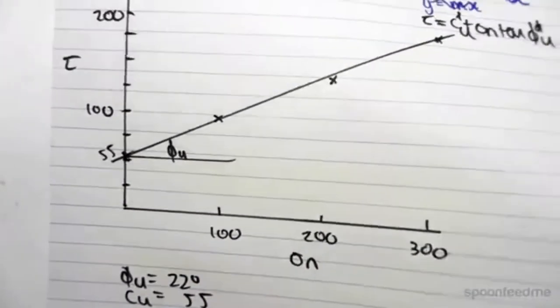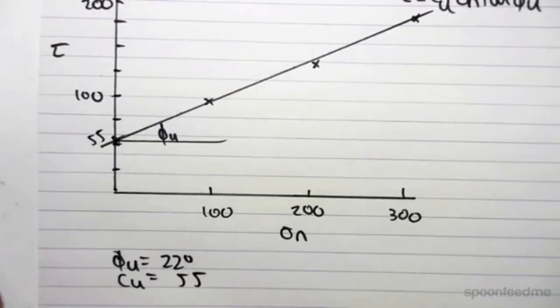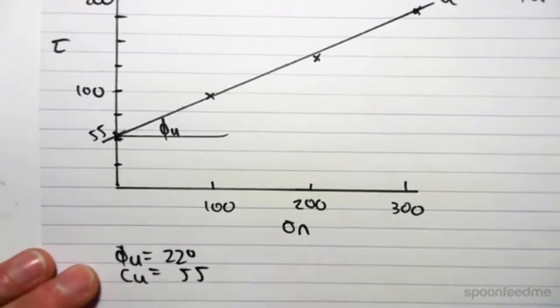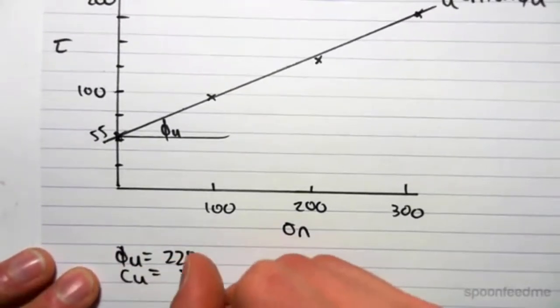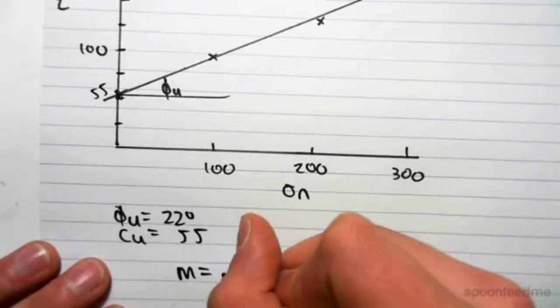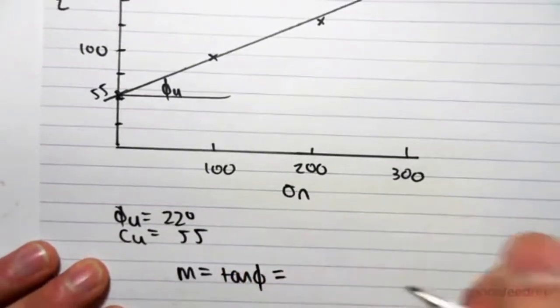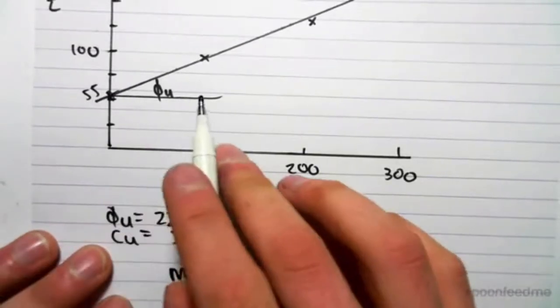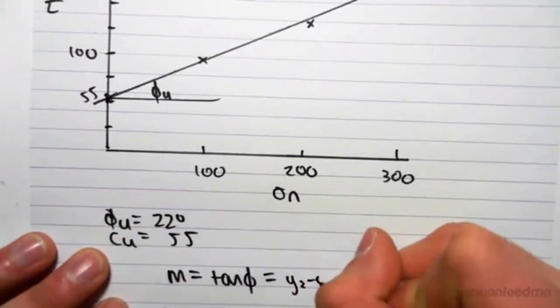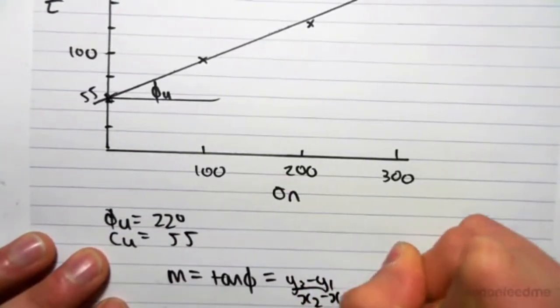If you really want to do a very technical way of doing it, because I know engineering students like to be very technical, you could find the gradient. We know the gradient is the same as tan of the angle, and we could find the gradient by doing rise on run, which is y2 minus y1 on x2 minus x1.